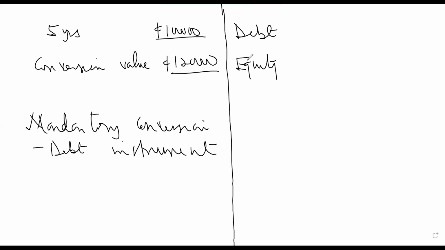The equity will always represent the option to convert. So we have the option to convert. Okay. So how do we account for this? For the debt instrument, we are going to be paying interest, and we are going to be redeeming this at the end of the year.